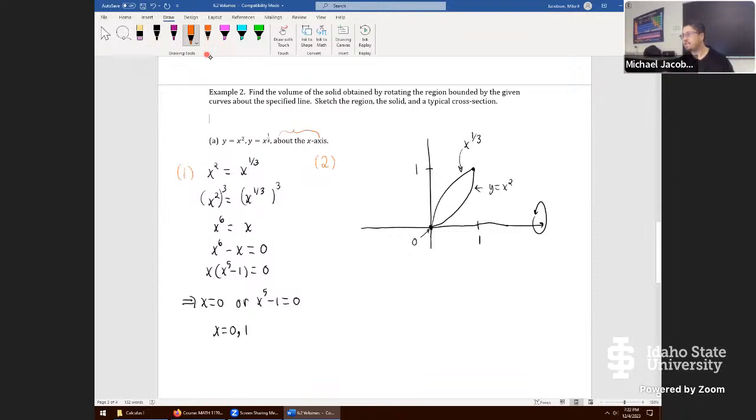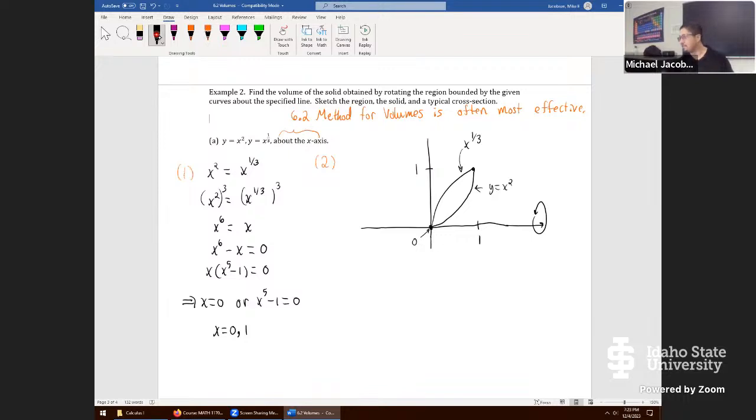If you're rotating about the x-axis, then the 6.2 method for volumes is often most effective. We can mess that up just by putting in horrible curves, making some other method work better. But typically, if it's an x-axis rotation, this would be my first thought. If it doesn't work out, try something else.